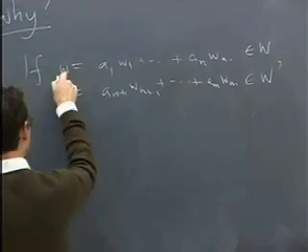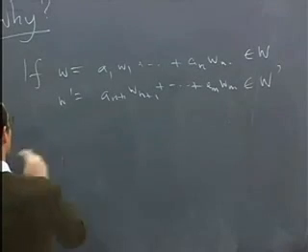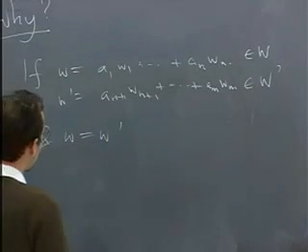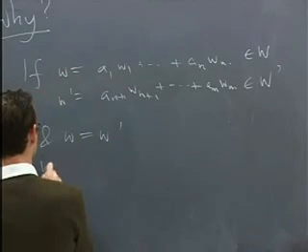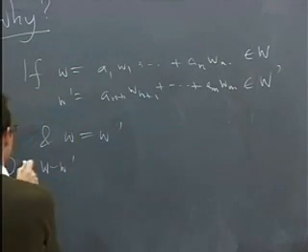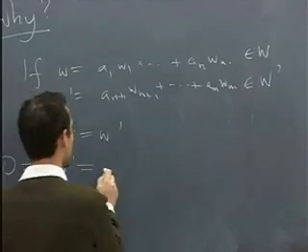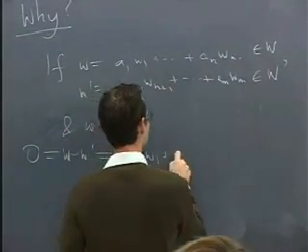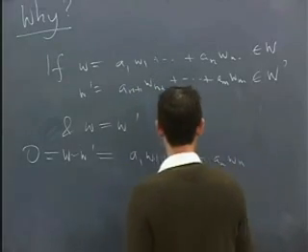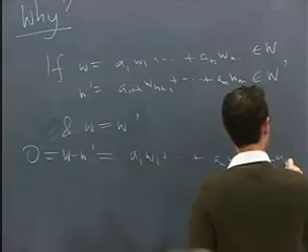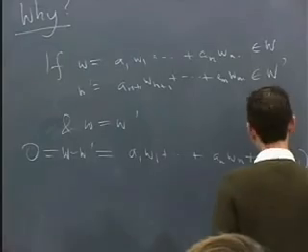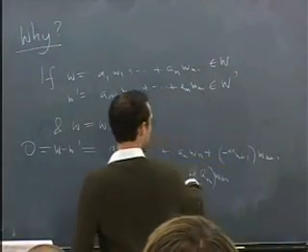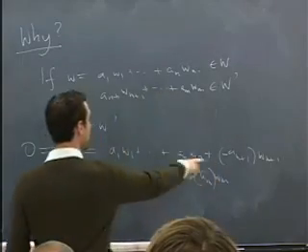And if these things are equal, then I can subtract them. So w minus w prime is 0. But that's a non-trivial linear combination of a1 w1 up through an wn plus minus an plus 1 wn plus 1 up through am wm. So this thing equals 0.